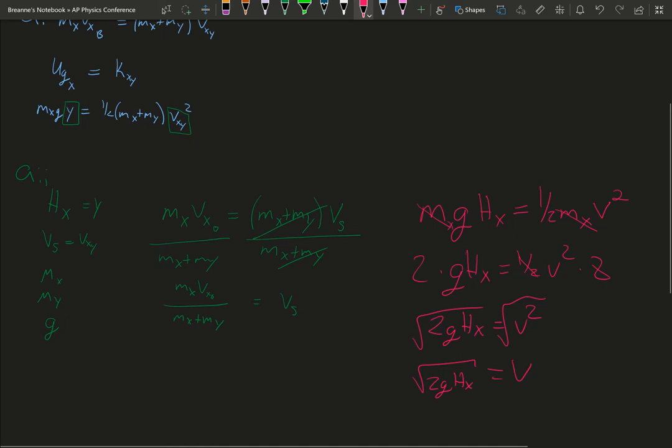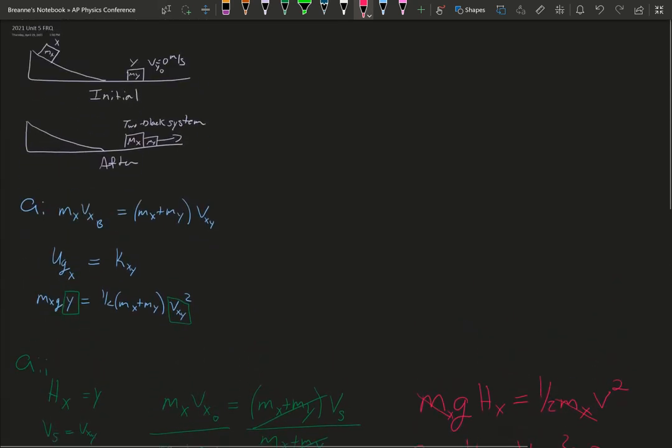Okay. So real quick, we're kind of breaking it into two different parts. From here to here, we're worrying about energy. From here to where they collide, we're going to be talking about momentum.